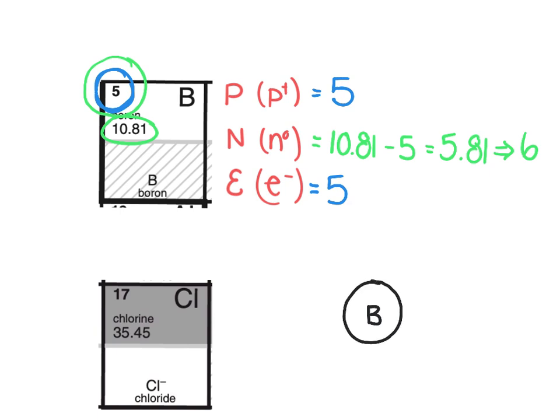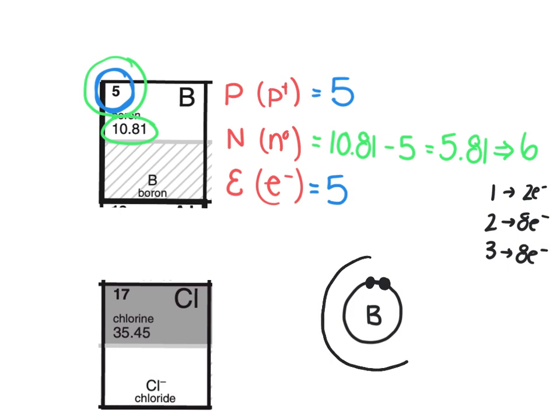Now remember, we mentioned earlier that in the first level we can have 2 electrons, in our second level we can have 8 electrons, and in our third level we can also have 8 electrons. So the first level, only 2 fit, and we are going to pair them up. So 1, 2 in the first level. All right, so that one is full.